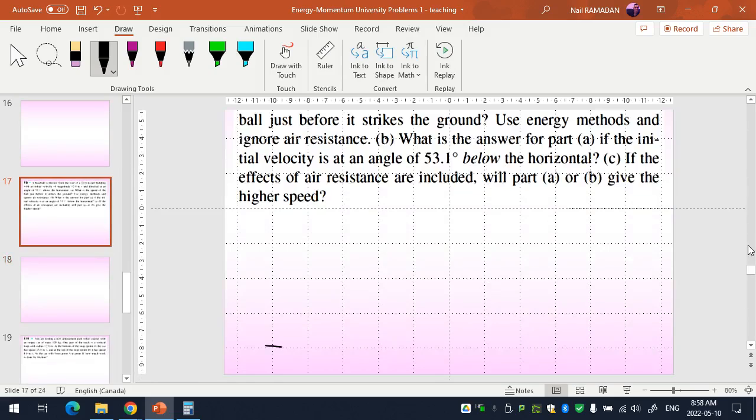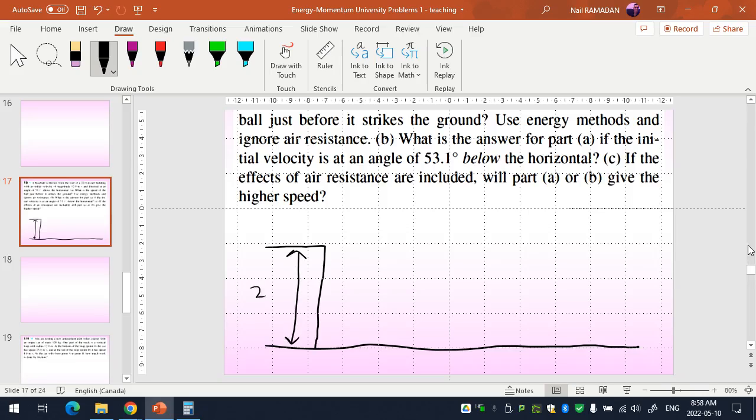So here is my ground. Here is my building. How tall is the building? Come on. 22 meters. And what was the kicking speed, like the speed at which it left the foot? 12 meters per second.